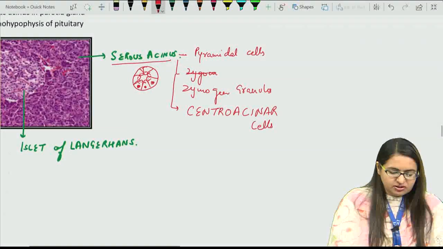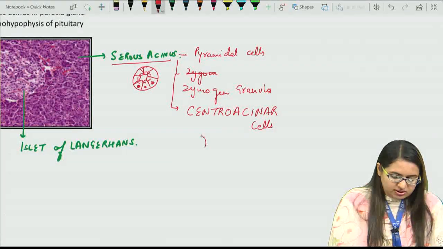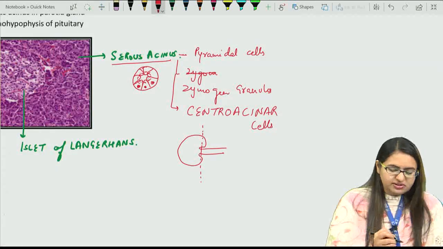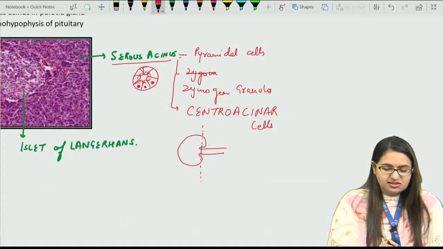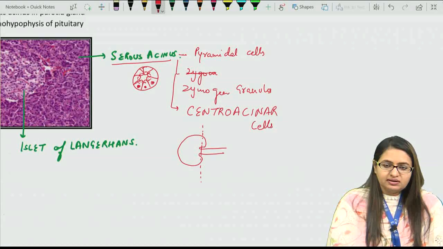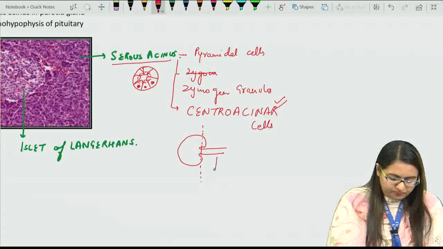This is due to the invagination of the intercalated duct. So if this is the acinus and the intercalated duct is like this, and we take a cut section over here, the cells seen in the center of the acinus are the cells of the intercalated duct, and we use the term centroacinous cells for them.